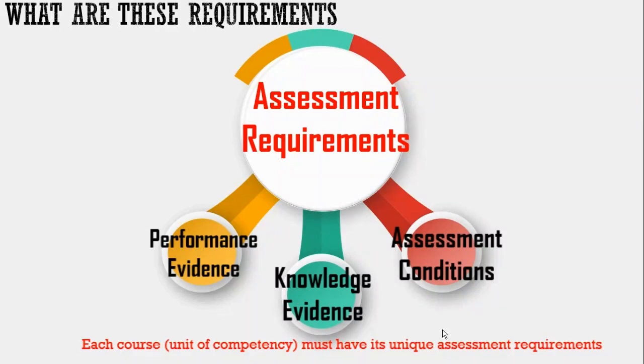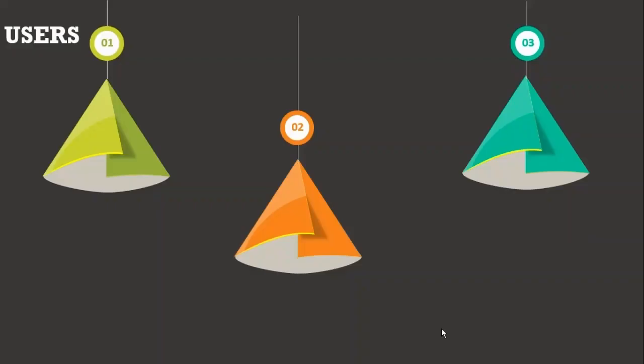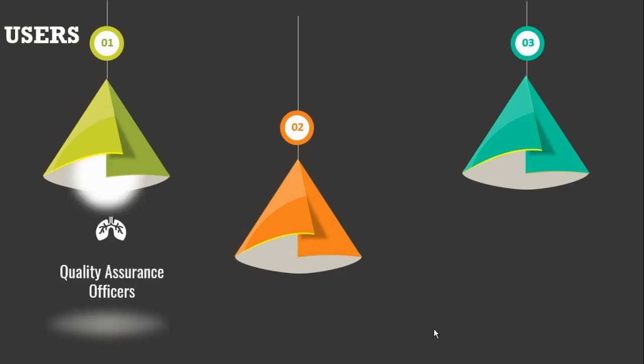So it's good to understand that all units of competency of a particular qualification must have unique assessment requirements. Now, who are the users of this document, the assessment requirement? One are the quality assurance officers, and we'll be addressing that aspect of quality as we move on.